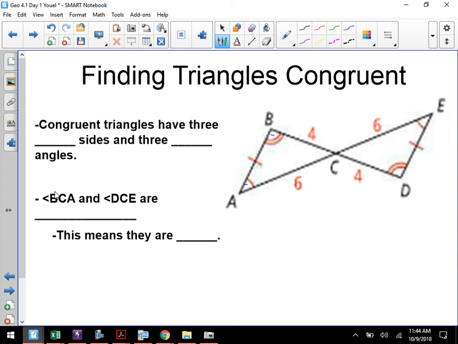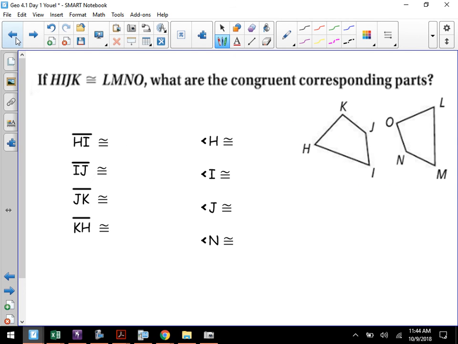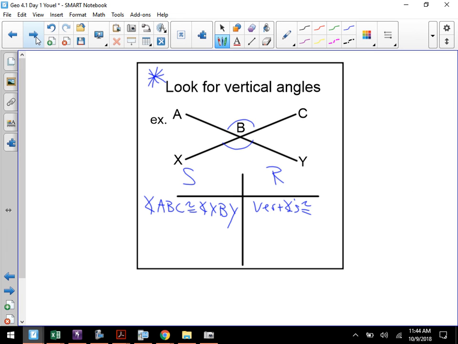Hold on. I'm assuming you guys are looking at the vertical angles here, right? These two right here. Those are vertical angles. One of the things that you'll see a lot of times, you might want to put this back on the progression sheet: think of a bow tie.